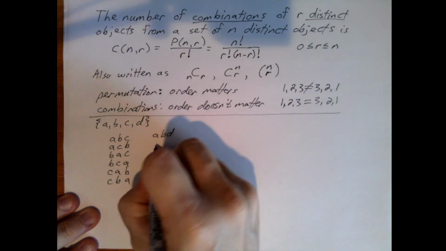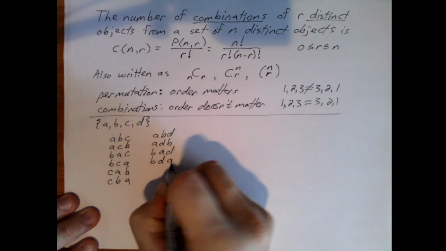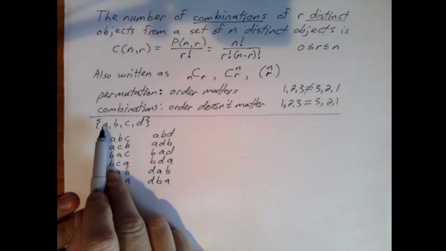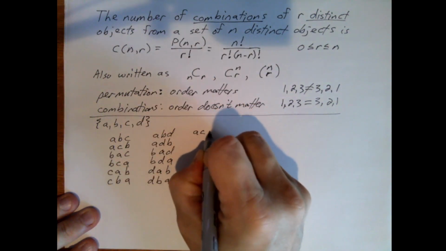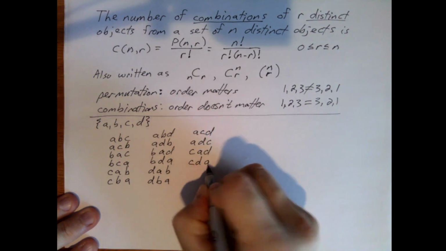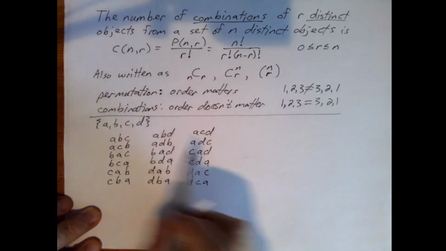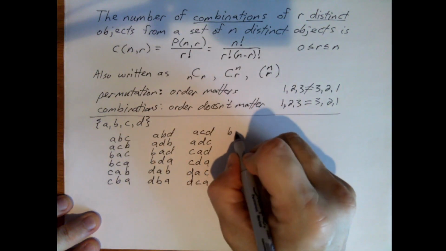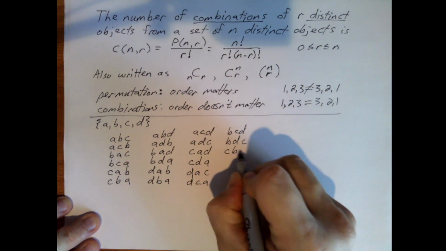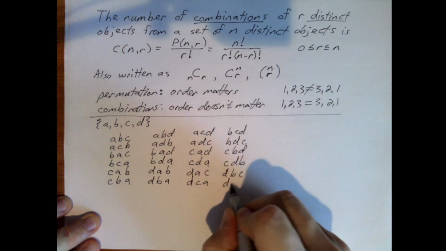A, B, D, A, D, B, B, A, D, B, D, A, D, A, B, D, B, A. I could have A, C, D, A, D, C, C, A, D, C, D, A, D, A, C, and D, C, A. And finally, B, C, and D: B, C, D, B, D, C, C, B, D, C, D, B, D, B, C, and D, C, B.